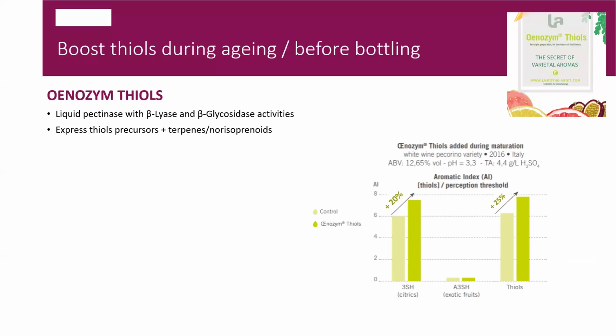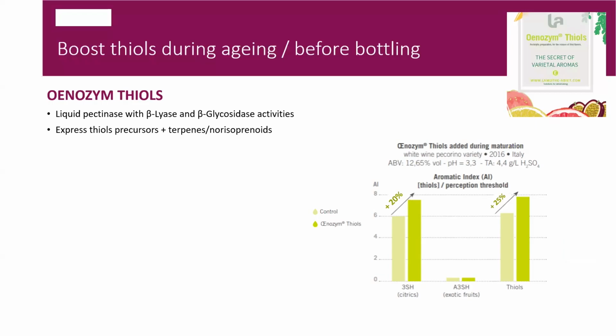On this trial, this was the enzyme called Enozym Thiols, which is a pectinase with beta-lyase and beta-glycosidase activities. You can see that compared to the control, it's a study from a tank during the aging.